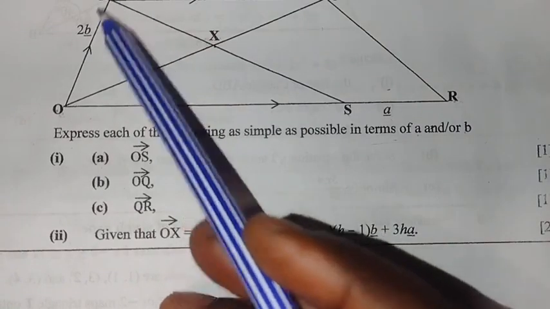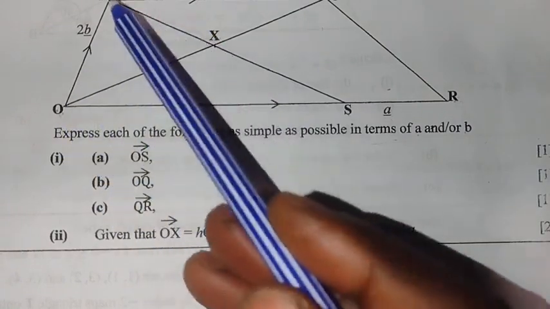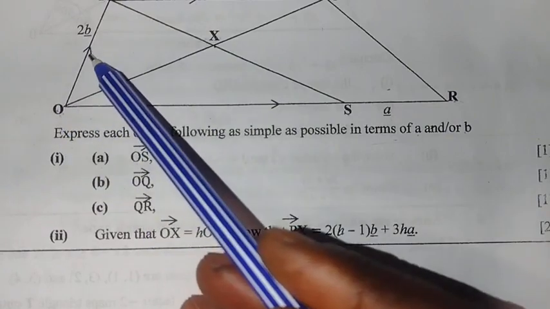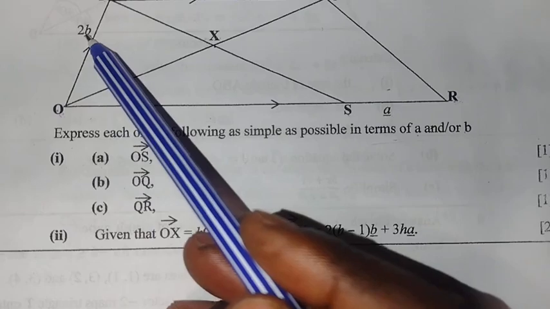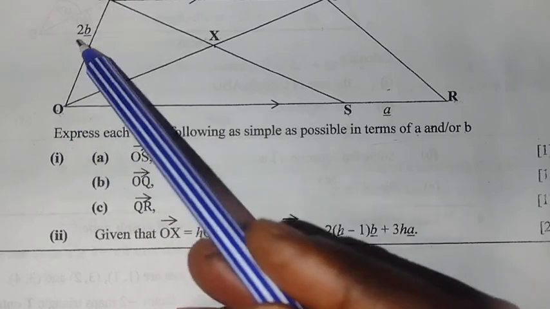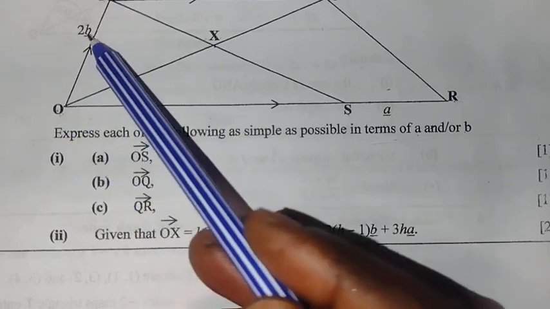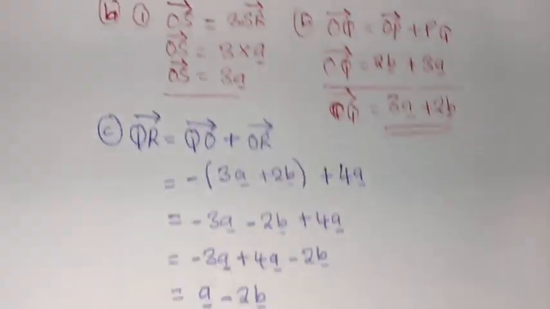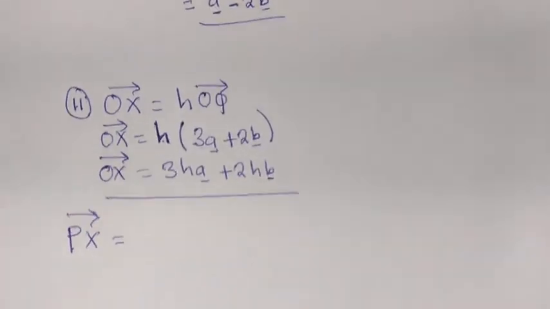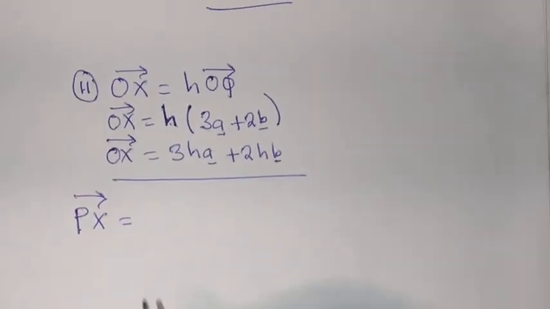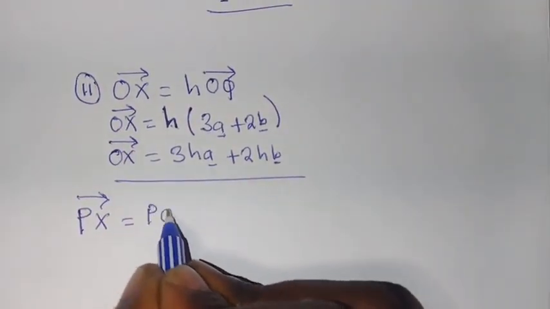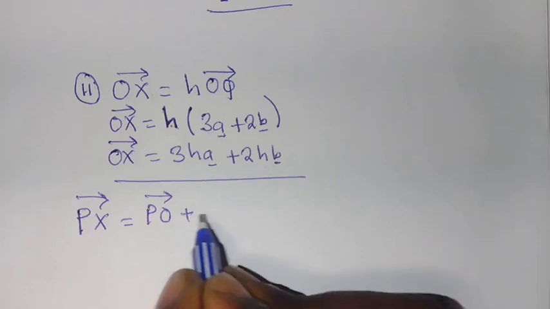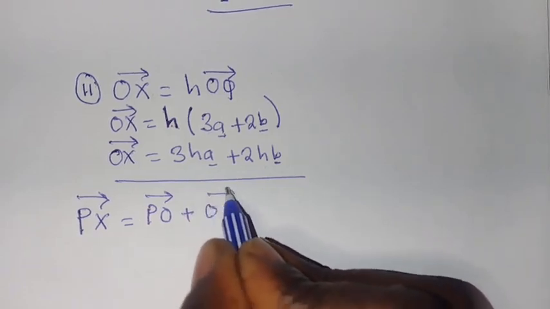Okay? So that's what we are going to move. We say PO plus OX. Now, PO is against the direction, so this will be a negative 2B. Okay, OP is 2B, but PO will be negative 2B. So we move like this, just like I've explained. So here we will say PO plus OX.